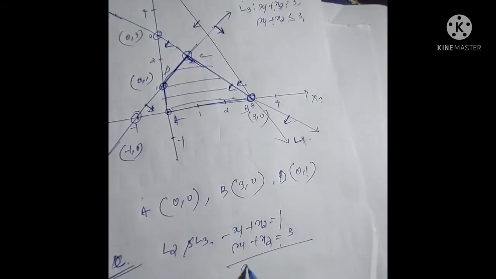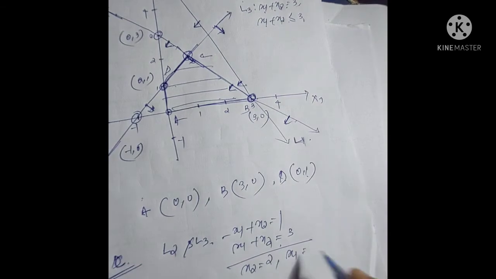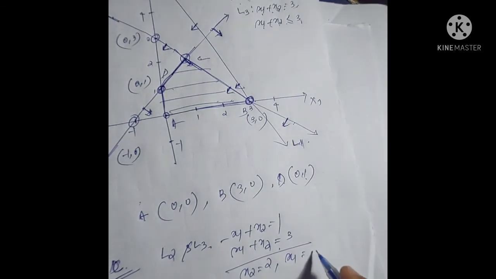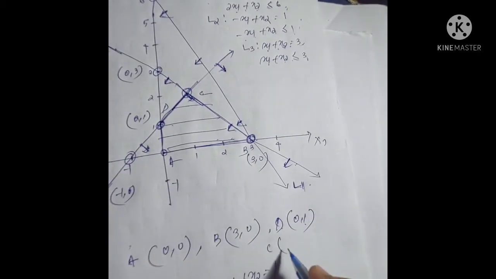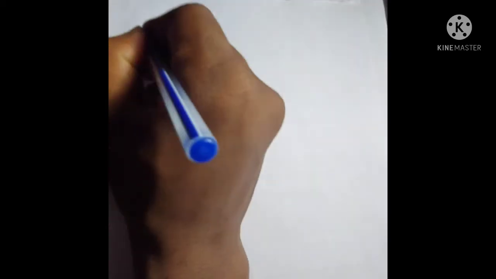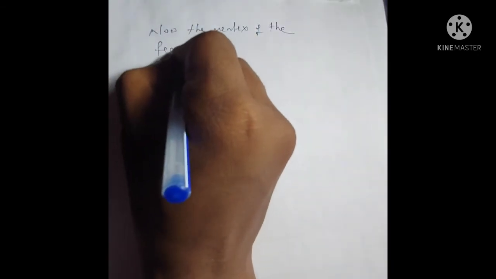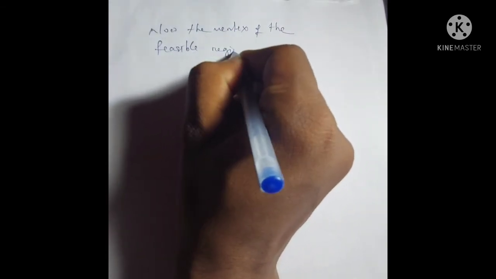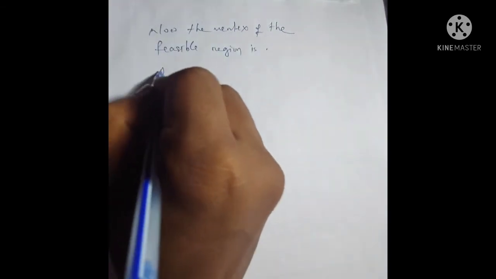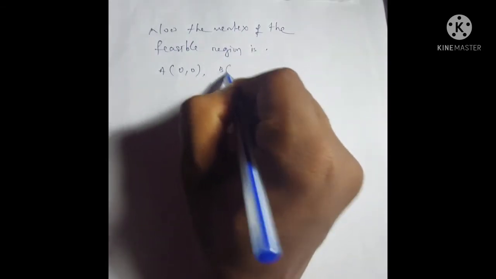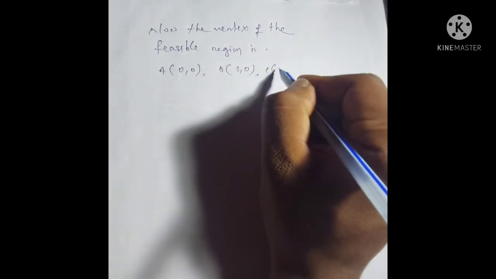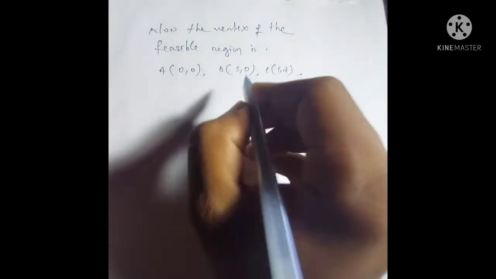This implies that x2 is equal to 2 and x1 is equal to 1. So vertex C will be (1, 2). Now the vertices of the feasible region are A (0, 0), B (3, 0), C (1, 2), and D (0, 1).